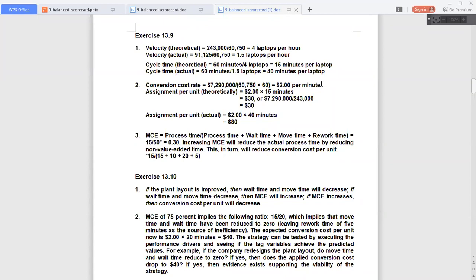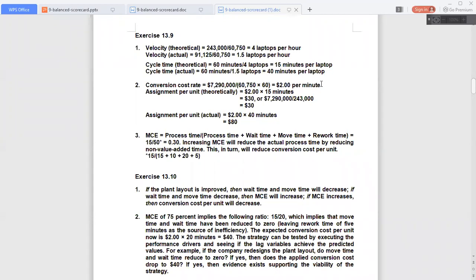So, actually, you are just roaming around and applying the formula. In the case of requirement number 2 of exercise 10, assume that you can set an MCE target of 75% based on the improvement strategy described in requirement 1.